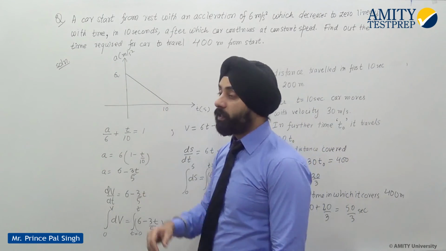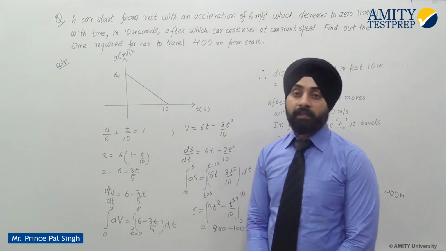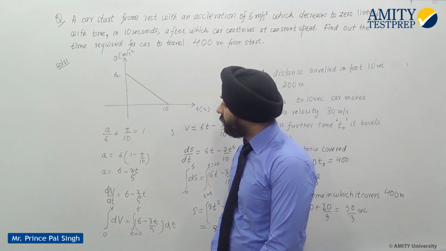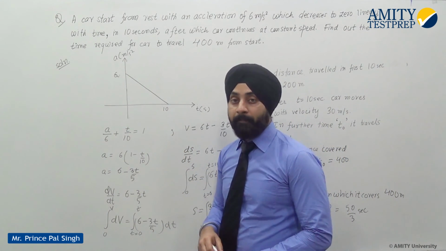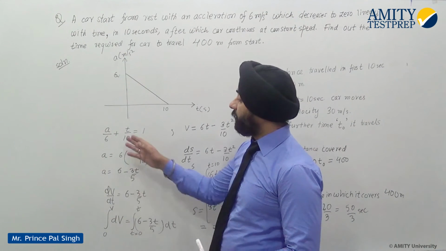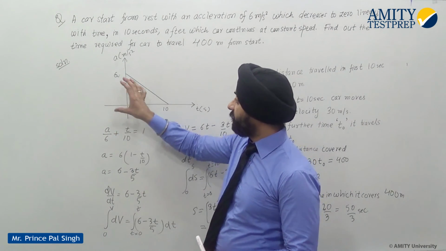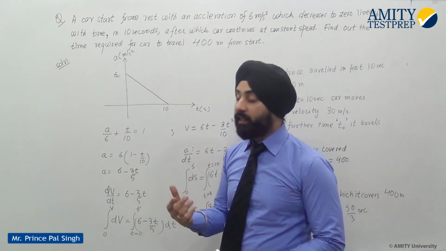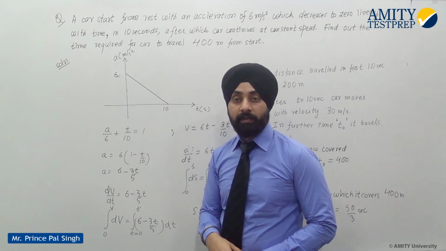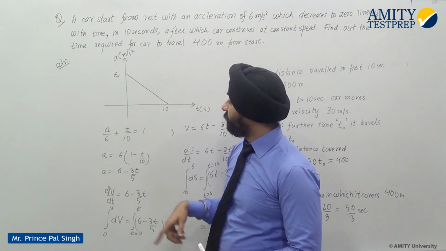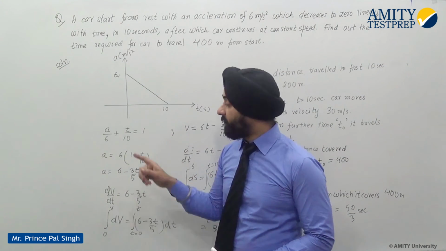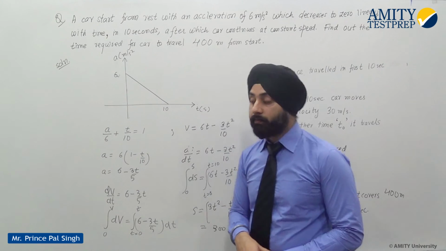If we write down the equation for the acceleration versus time graph, we use the intercept form: a upon 6. This is the intercept on the acceleration side, and this is the intercept on the time side. So a by 6 plus t by 10 is equal to 1.